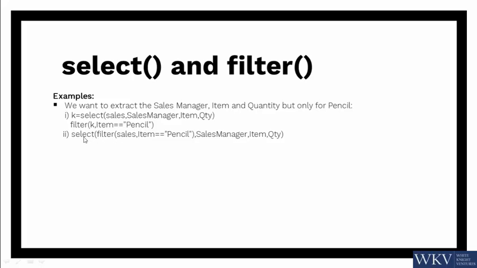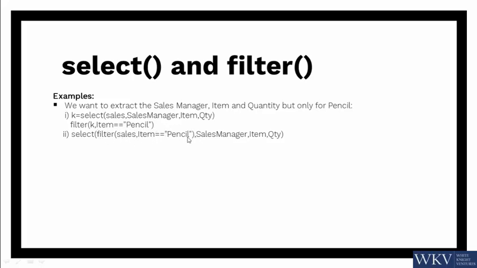You can see here that when I write select and I open the bracket, instead of passing the first argument, I am passing the filter function, and then I press comma. So before the comma, you will get the output of the filter function, which becomes the first argument for the select functionality, and then the second, third and fourth argument are the names of the columns. So what is happening here is, first we are filtering the sales data with respect to item equal to pencil.